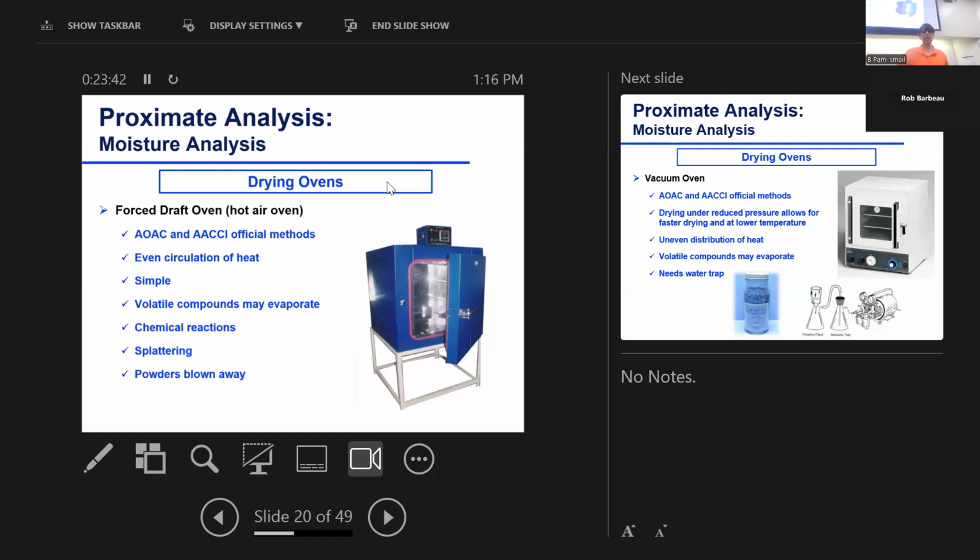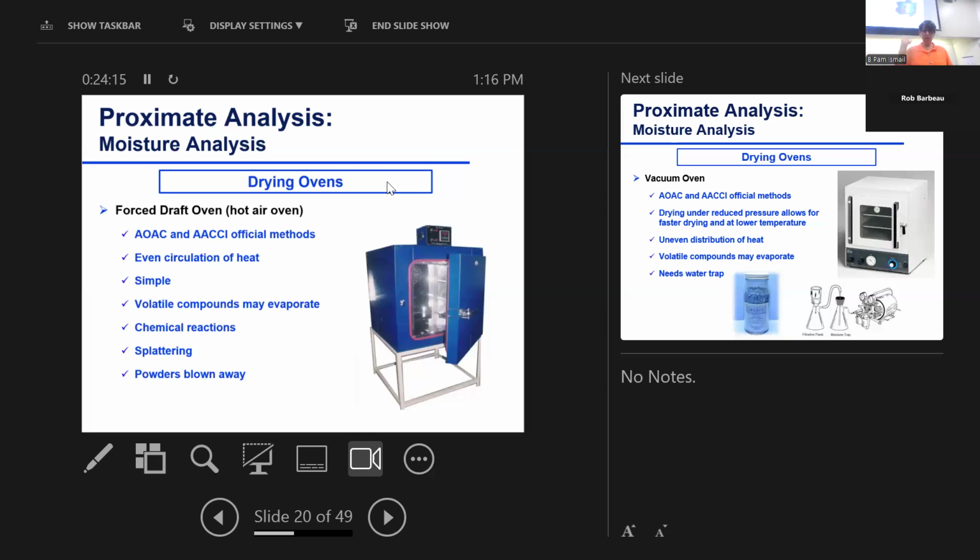So in the forced draft oven, with the name forced, your air is circulating, the hot air is circulating. This means that wherever you put your sample in this oven, they're all getting the same heat. There is not one closer to the side getting hotter than the one in the middle or the one further from the side.